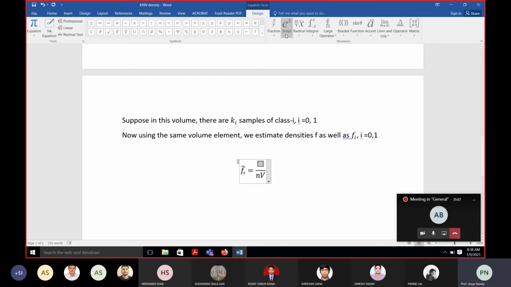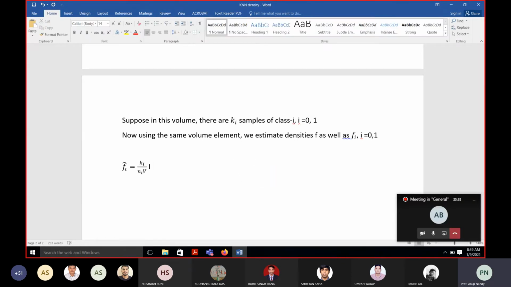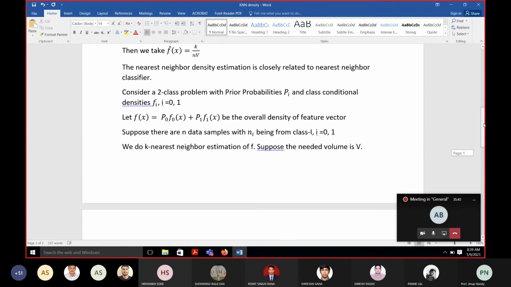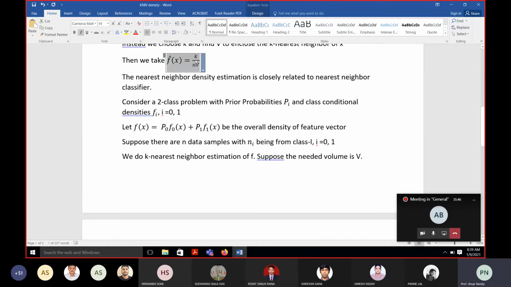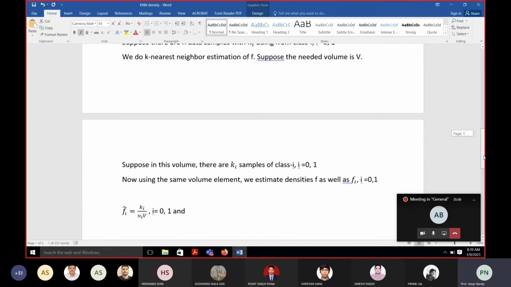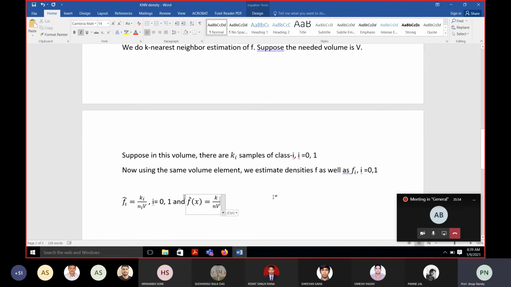Here you need to have this ki divided by ni into V, for I is equal to 0, 1, and f at x is equal to k by nV.